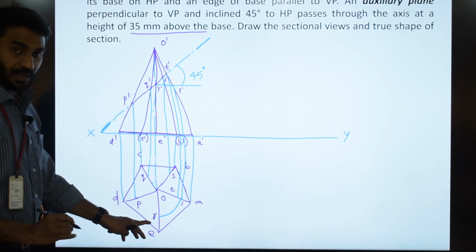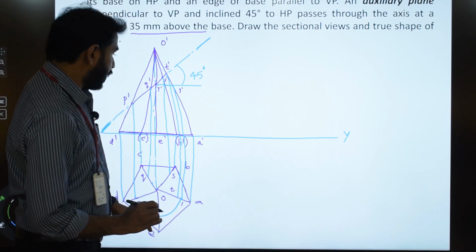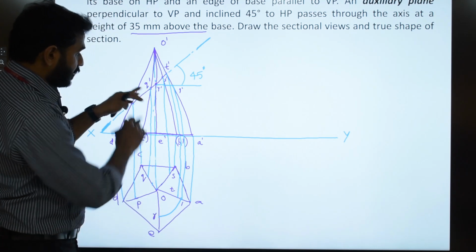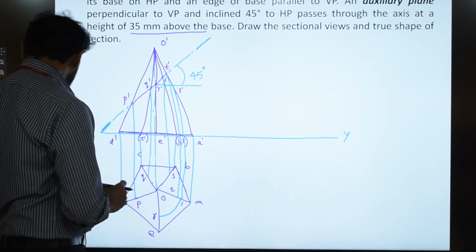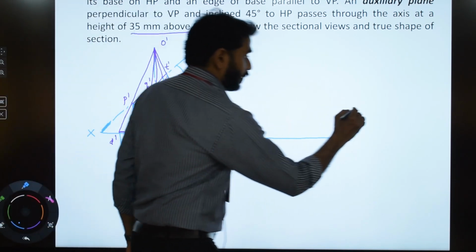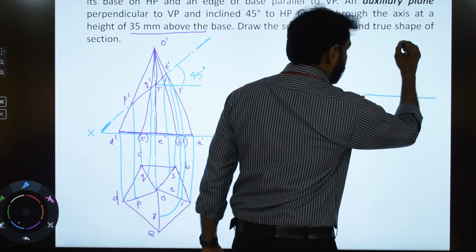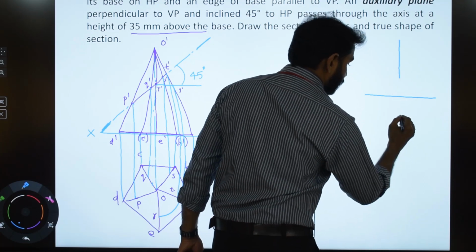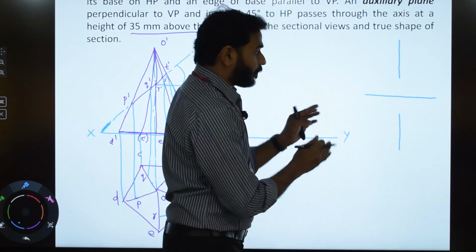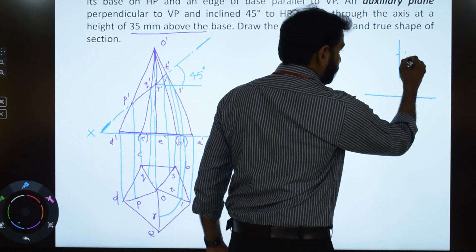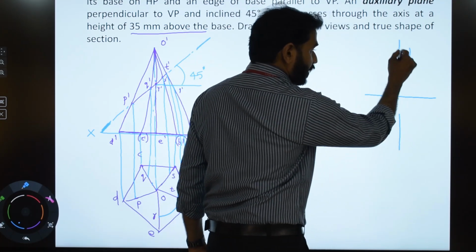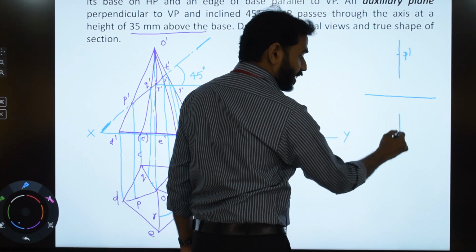So this is how we locate the top view of R when we come across a problem like this. You will be facing this problem whenever you have the front and top views of an object both perpendicular to the XY line. So if you have a cut point, say P dash, and if you try to locate its top view, you will not get the top view exactly.